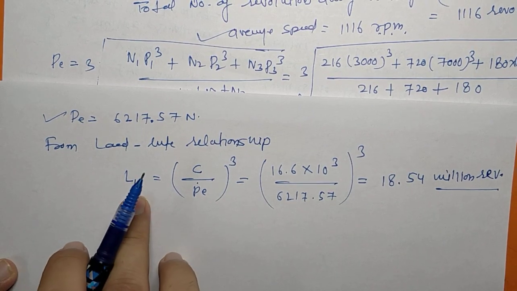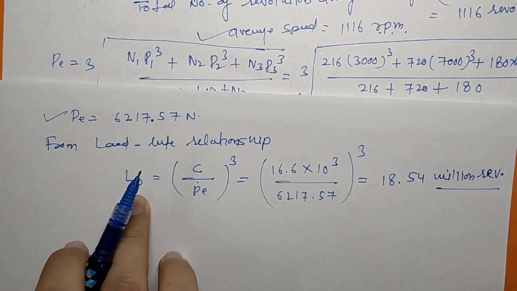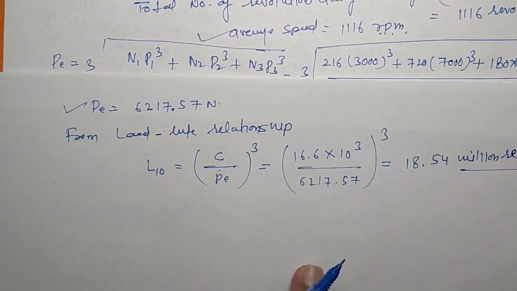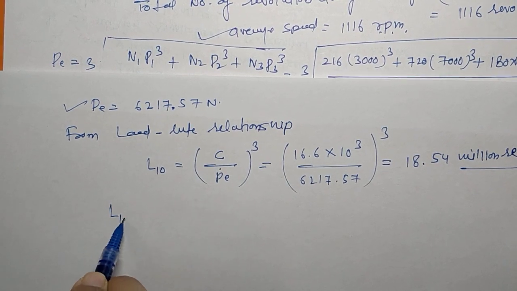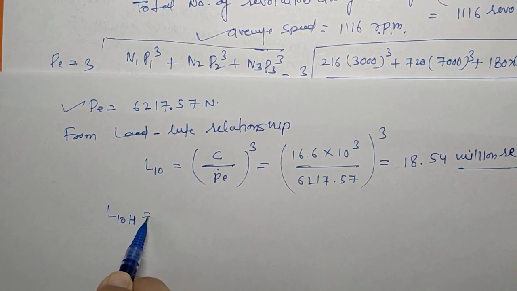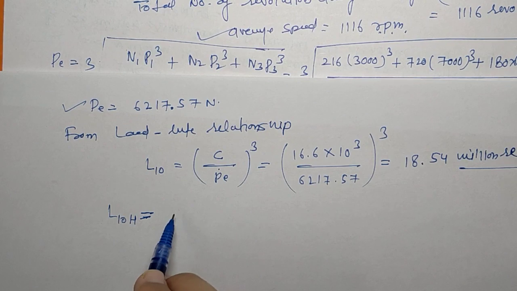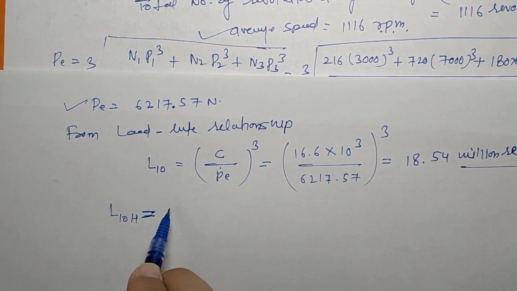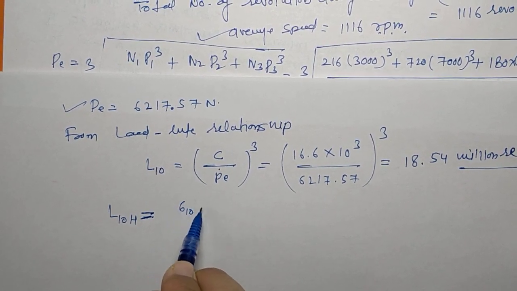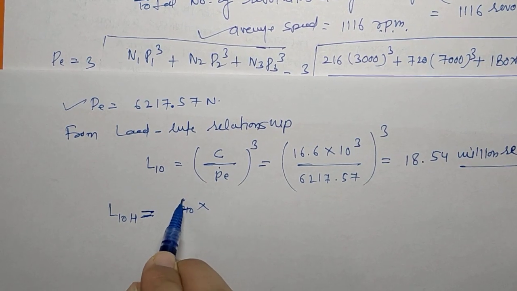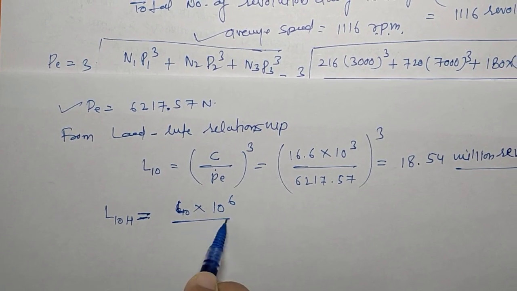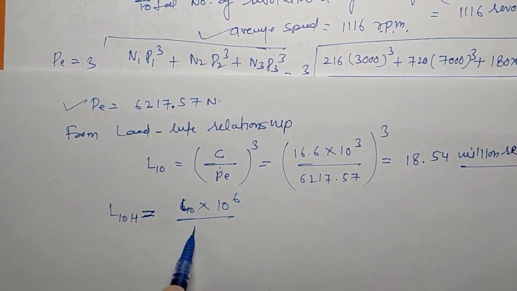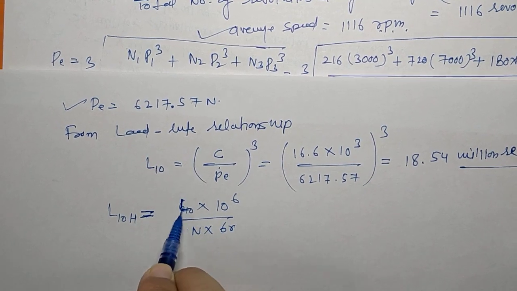So this is the L10 life, and if we want to convert it into hours, there is a relationship we discussed in yesterday's lecture. So L10 life in hours is L10 multiplied by 10 raised to power 6 divided by n multiplied by 60.